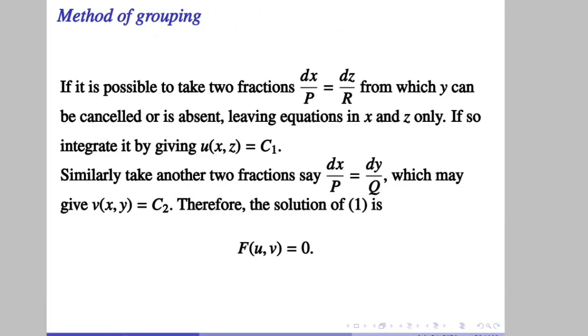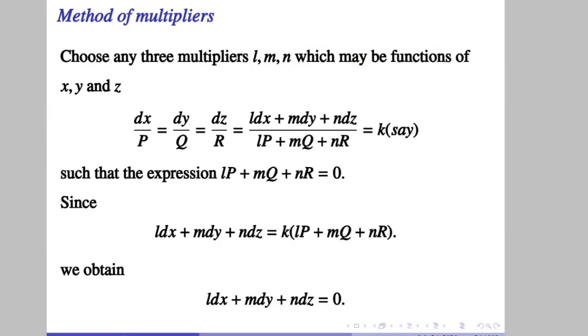In the method of grouping, we combine the first two, or the last two, or the first and third equations, any two of these equations. We integrate and get u of x comma y comma z equal to c1, not u of x comma y. Then similarly, taking another pair, we get v of x comma y comma z is equal to c2. Therefore, the solution can be written as f of u comma v is equal to 0.